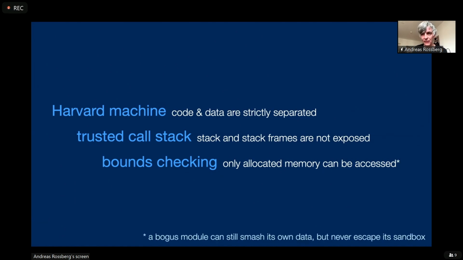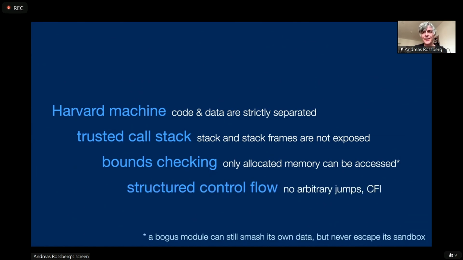It's memory safe on the level of WebAssembly, right? But that doesn't necessarily imply that any language running on top of it is memory safe in its own memory model. So when you compile C to it, that can of course still smash its own data by doing stupid things, but it can never affect any other module or code. It cannot escape its sandbox like you would expect.